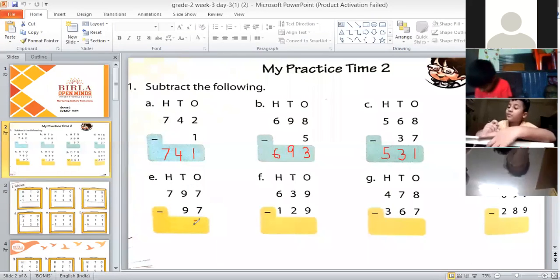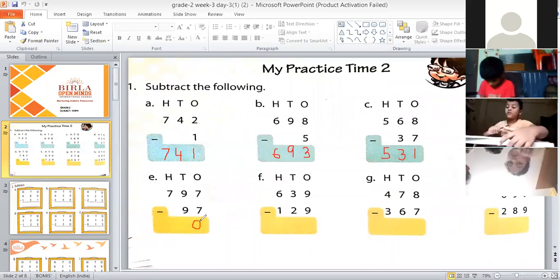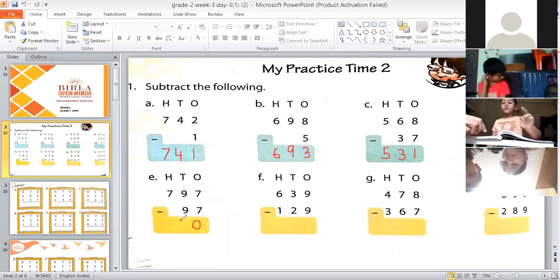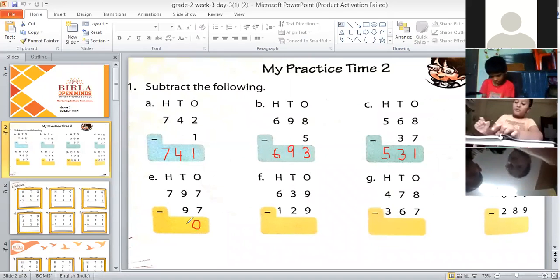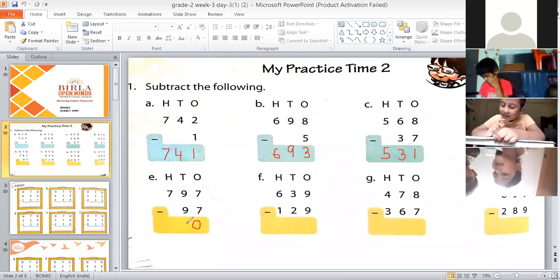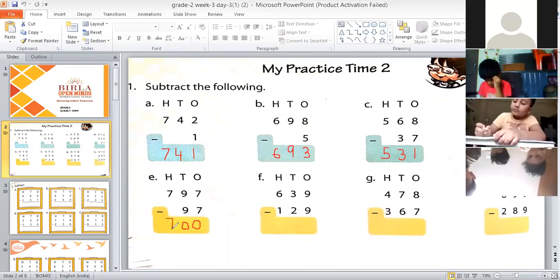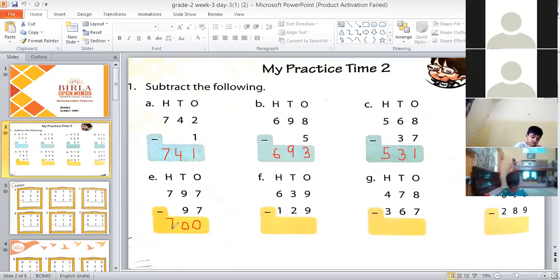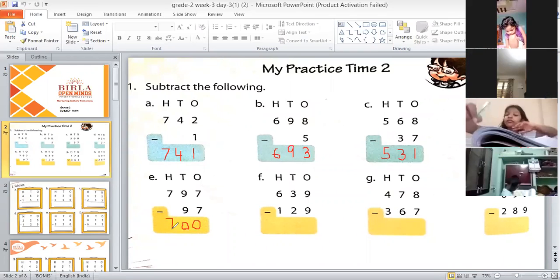Yeah. Okay, now in tens place. 9 minus 9? 0. Yes. And in hundreds place, what we will write? 7. Yeah, we will write here 7 as it is because there is no other number. Okay. That's the correct answer.